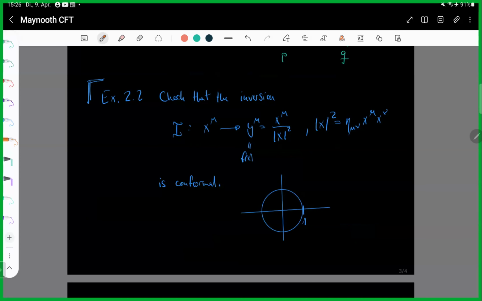The inversion takes a point from the inside of the unit circle and maps it to the outside of the unit circle. And vice versa. If you take a point from the outside of the unit circle, it will map it into the inside of the unit circle. That's what the inversion does.